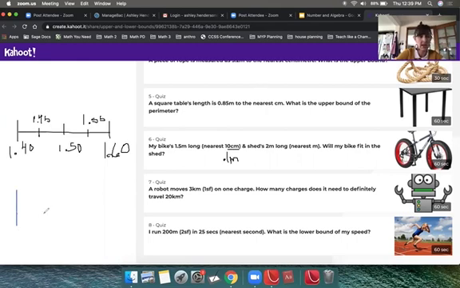Okay, let's do the same thing for our shed. Here's our shed, and here's the line, again not super pretty, to the nearest meter. So we have 1, 2, and 3. Our shed is going to be somewhere in this range, 1.5 and then 2.5.